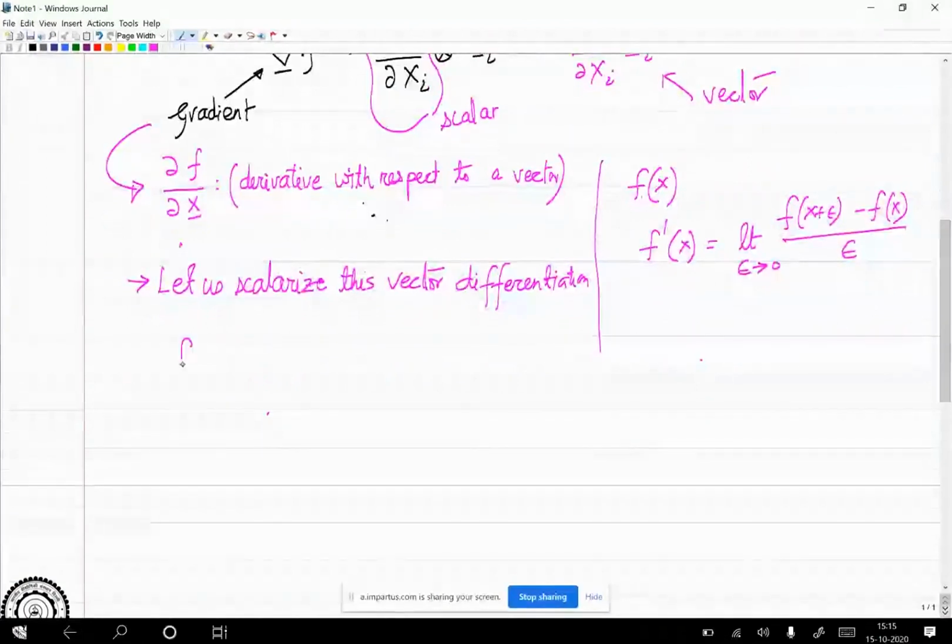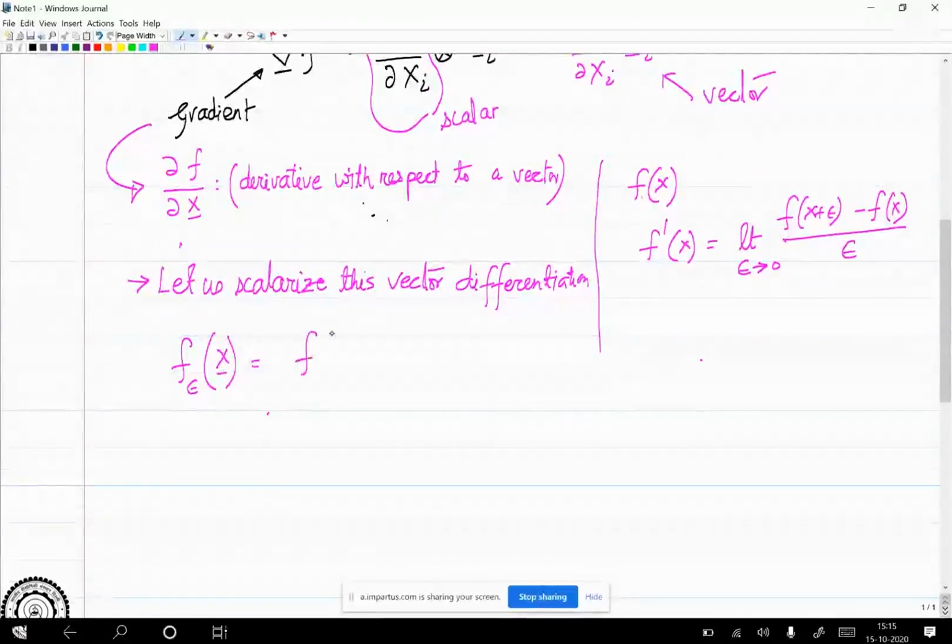So I will think of a function f epsilon, which is, so f epsilon of x is equal to f of x plus epsilon into delta x.